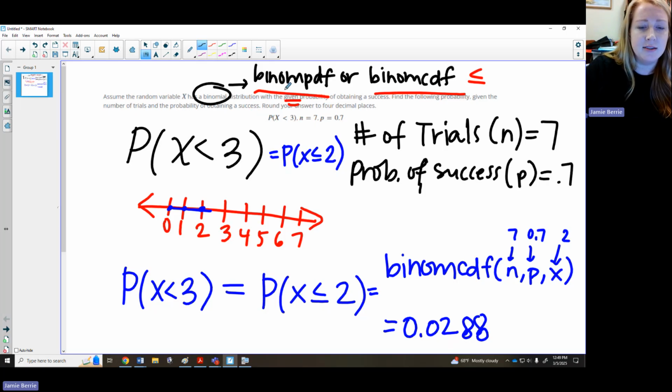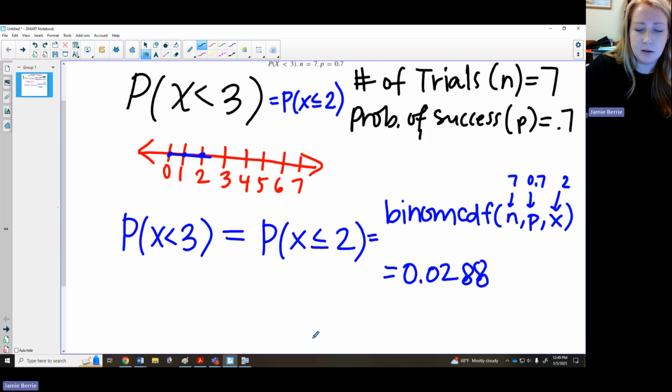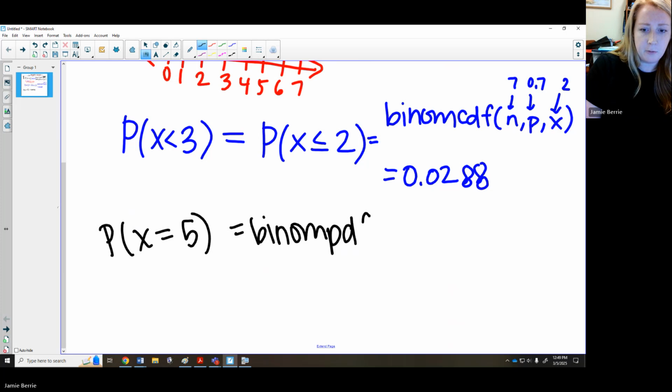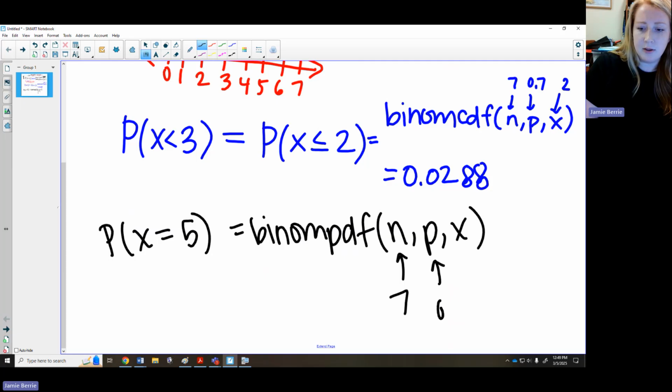If it was the same setup, but instead of asking you to find the probability that x was less than 3, maybe it said find the probability that x is 5, then you would do binom PDF. So PDF is for the equal to problems. CDF is for the less than or equal to. Remember, we're doing n, p, and x. Let's just say everything's staying the same. So 7 trials, probability of success would be 0.7. And then here our x value is changed to 5.